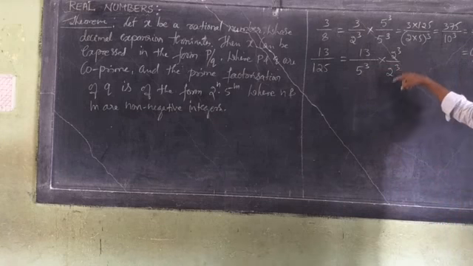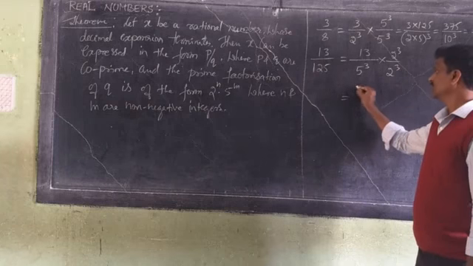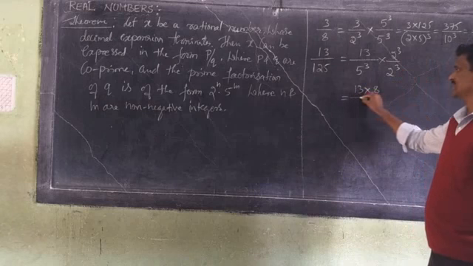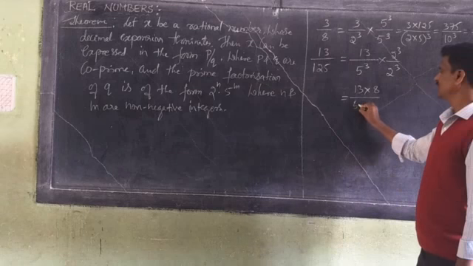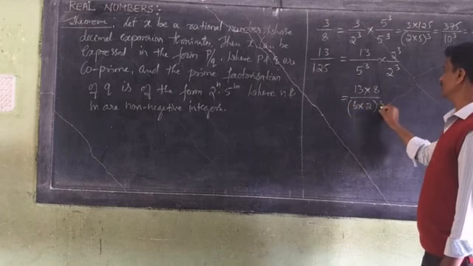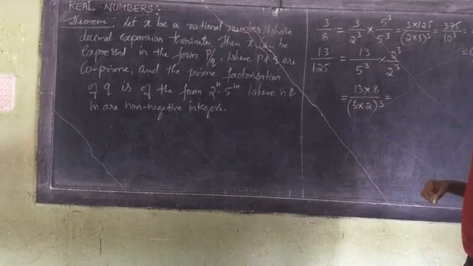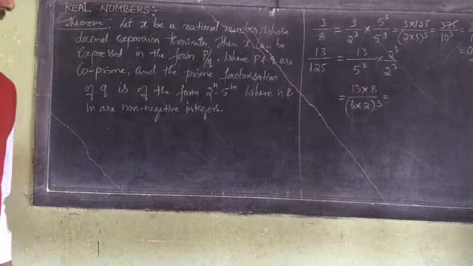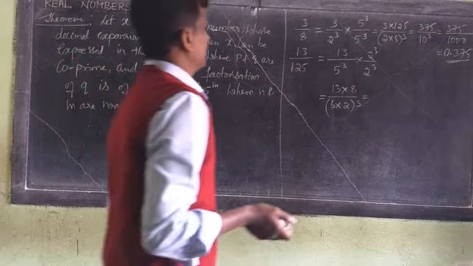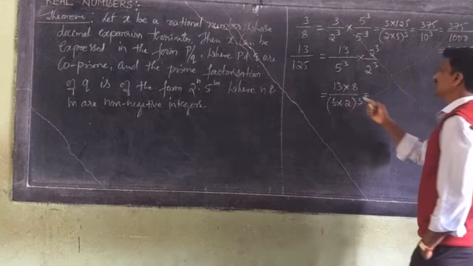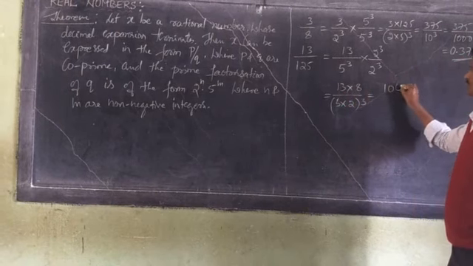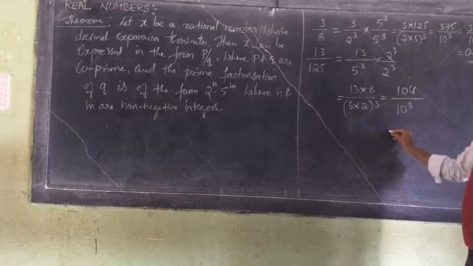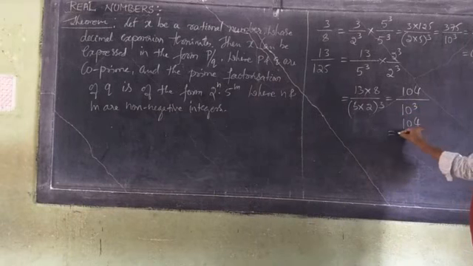Both numerator and denominator by 2 cube gives 13 into 2 cube, and 2 cube means 8, divided by 5 into 2 whole cube. 13 eights are 104, divided by 10 cube.